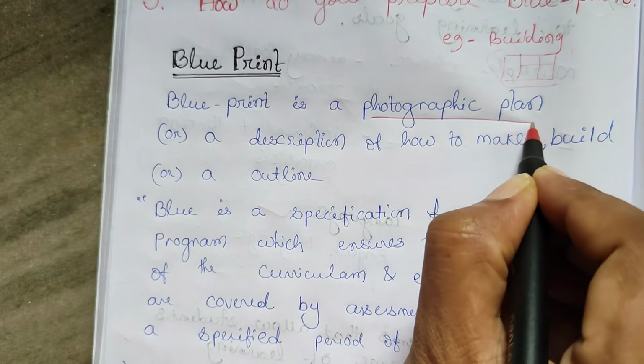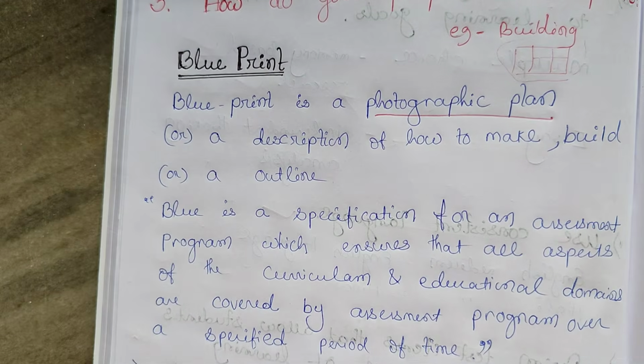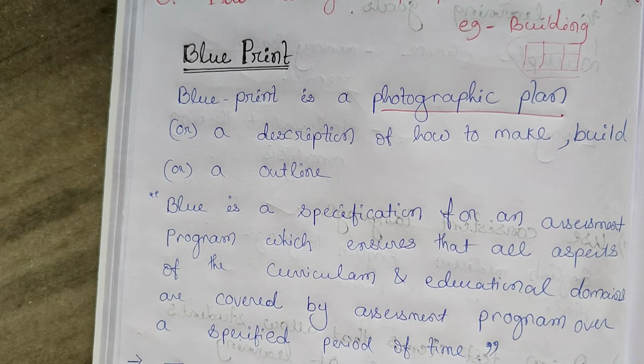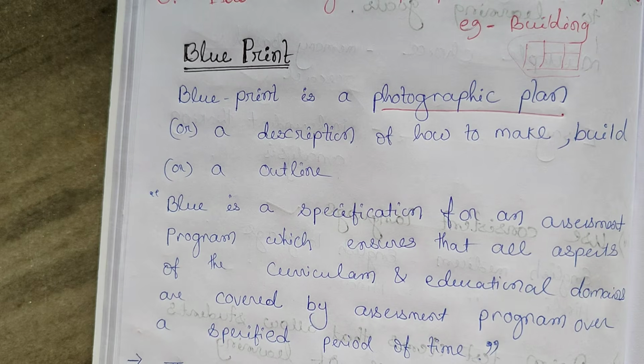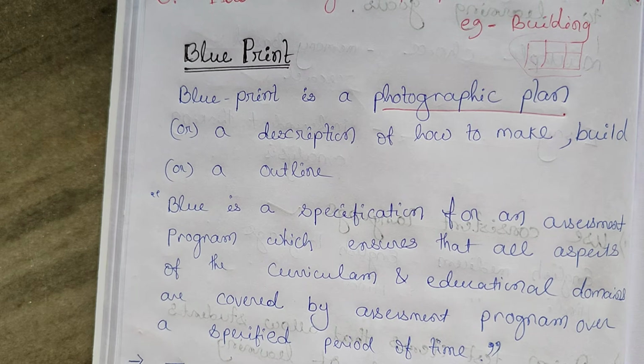Blueprint is a photographic plan. You are making a plan before making something. If a marriage function is there, you are planning how you will decorate your house and the function hall, everything you are planning.